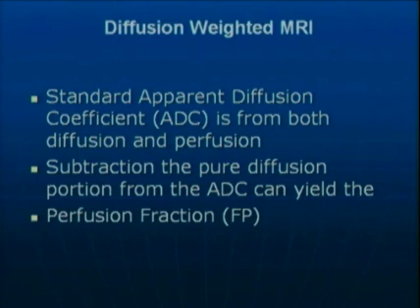Another thing with MRI is we have the apparent diffusion coefficient, or the ADC, which is actually made up of both diffusion and perfusion, and you can subtract the diffusion portion from the ADC and get the pure perfusion fraction. With that, you can actually see if there is decreased blood flow.